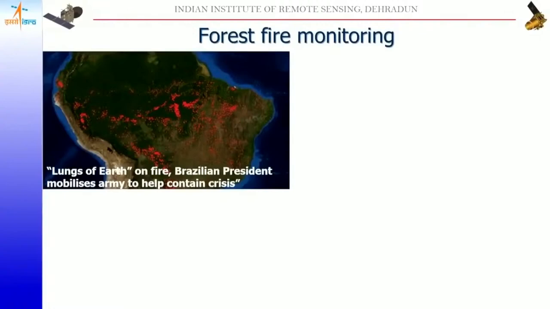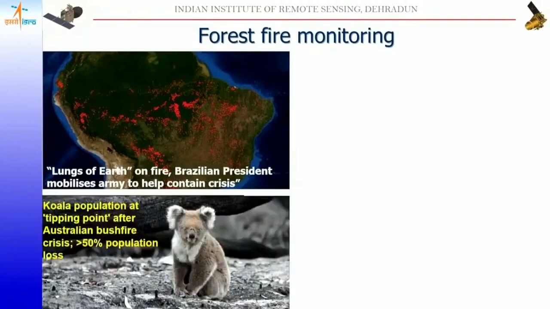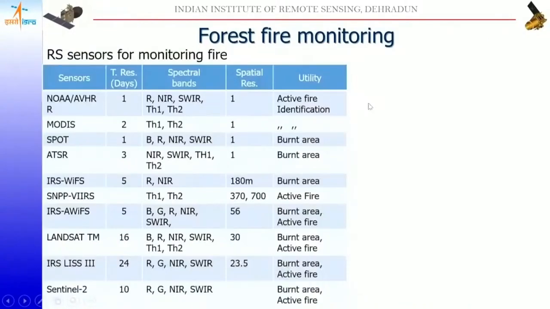This is another example, because forest fire is an important aspect of the landscape. In recent years, we have seen in a larger part of the globe how this is affecting biodiversity, and how forest fire events have an impact on the forest cover and the species distributed there.